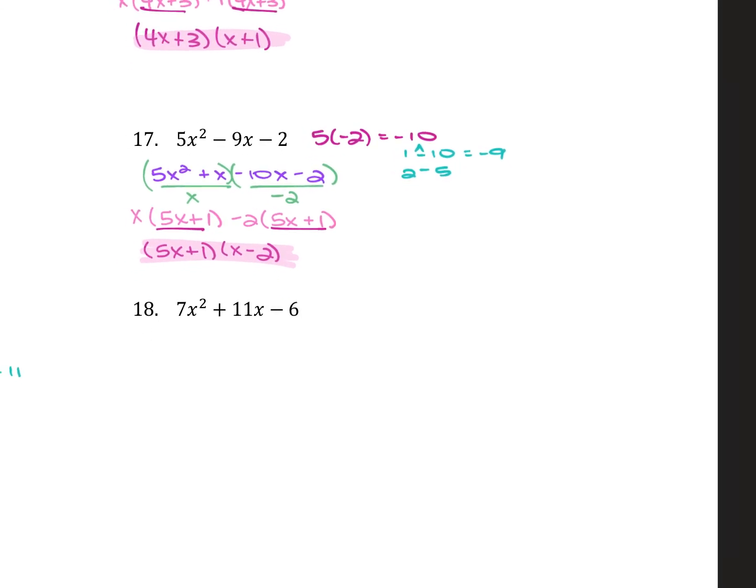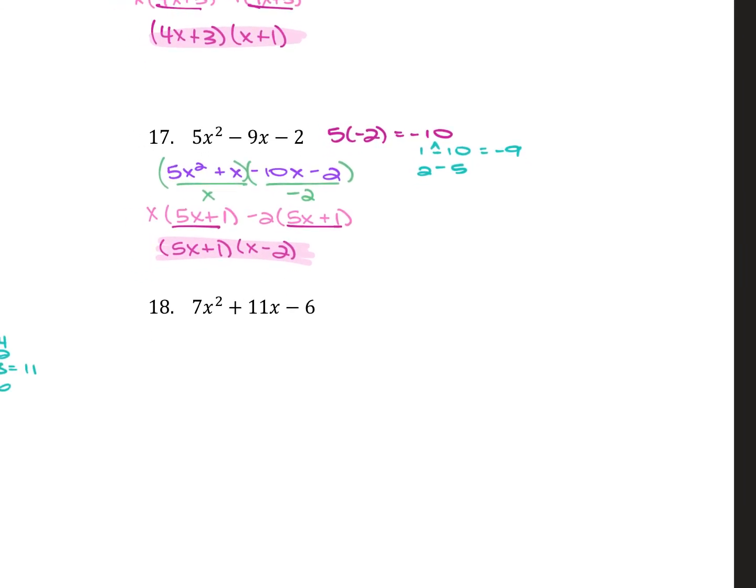For your last one, number 18, you have 7x squared plus 11x minus 6. That 7 times negative 6 gives you negative 42. Your factors of 42 are 1 and 42, 2 and 21, 3 and 14. 4 does not go into it, 5 does not go into it, 6 goes in 7 times.